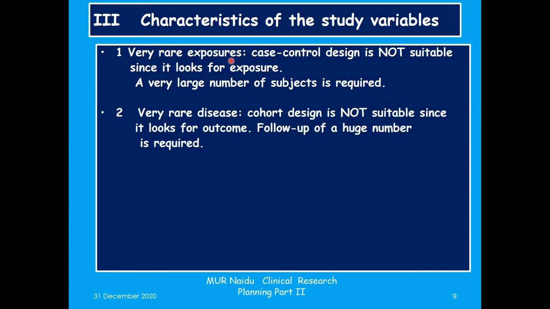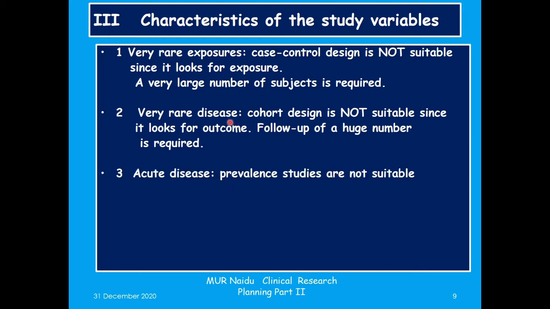Second, if it is a very rare disease which you are going to study, cohort design is not suitable since it looks for outcome. Again, we are not sure about the outcome and how much time it will take. And again, a large number of participants are required to complete the study in a very rare disease, because you may get only a few patients in a particular time.